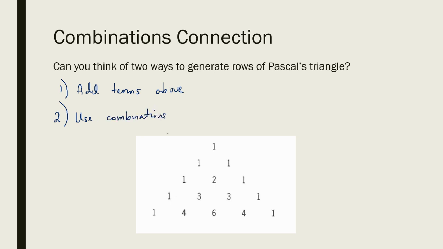I know you guys already used the adding terms above rule to get the next row in Pascal's triangle. But if we were to use combinations, you would do 5 choose 0, and then 5 choose 1, 5 choose 2, 5 choose 3. And you're more than welcome to actually try these combinations out, and you'll see you get the numbers in that row of Pascal's triangle, row 5.